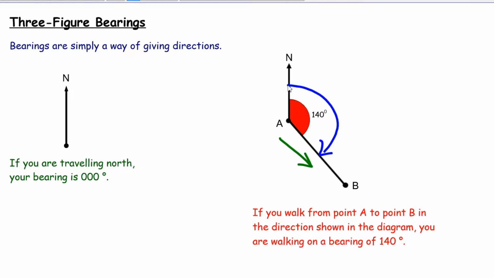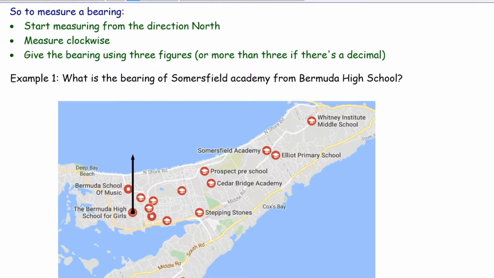So remember what I said initially? It's like you're standing facing north and then you turn clockwise, making an angle of 140 degrees before you walk from point A to B. So your bearing is basically 140 degrees from point A. Now, how do you measure a bearing?